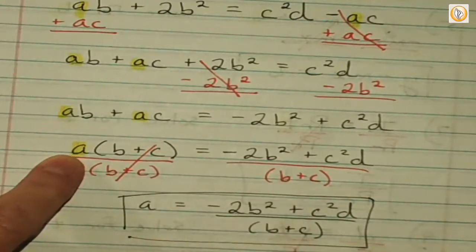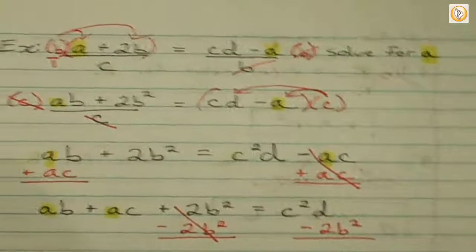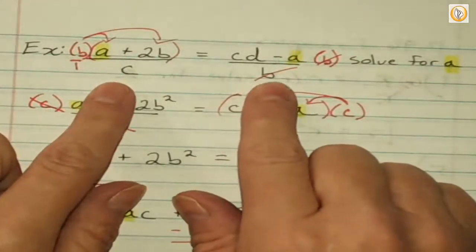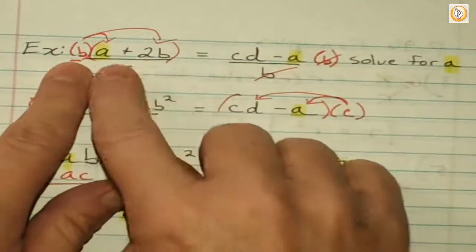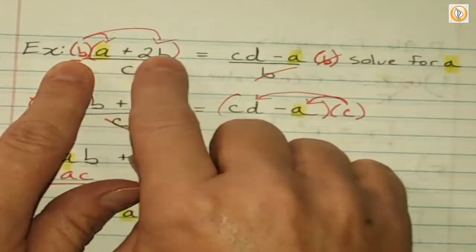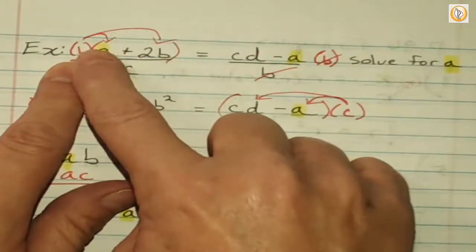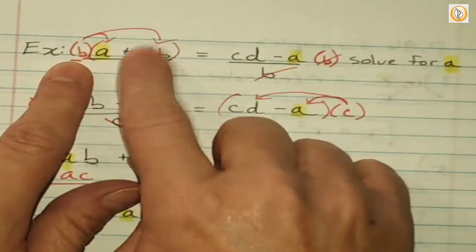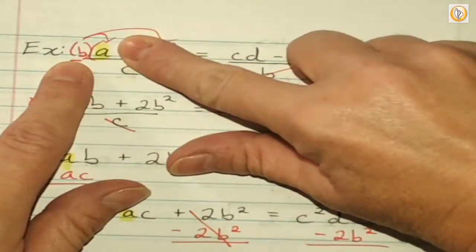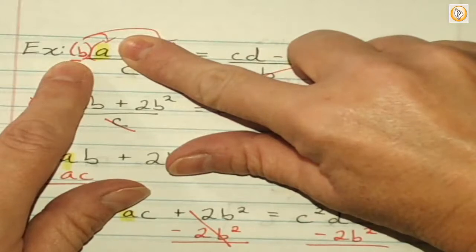Remember also up here, when we're multiplying by this denominator, we're multiplying it like the distributive property with everything on top. That B is being multiplied with everything on top. Up until now you would just be multiplying it with one thing up there, basically.